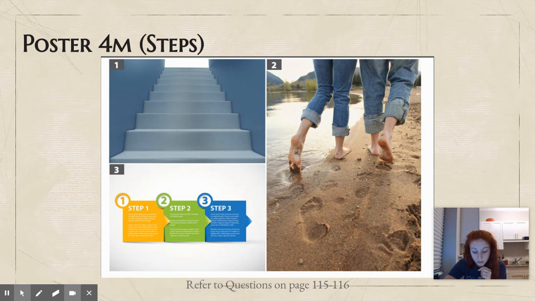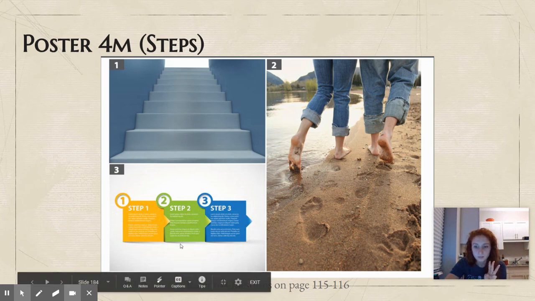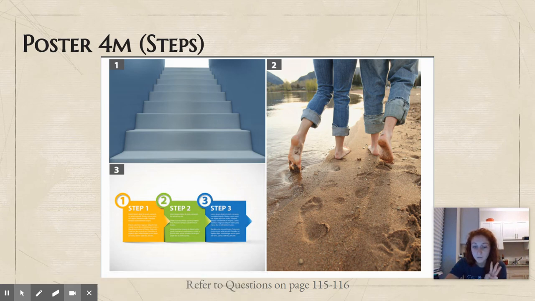Steps can also mean the directions for how to do something. I want you to hold up 1, 2, or 3 fingers to show which picture on this poster shows that meaning. Which one shows me steps and like directions to do things? 1, 2, or 3? 3, okay?